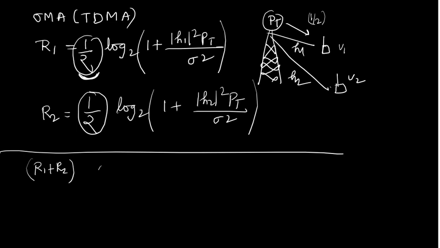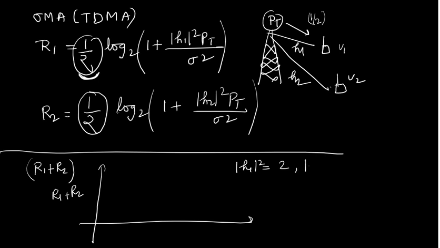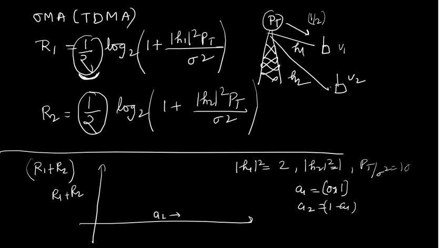But because of this factor half, you can check. For example, your metric is R1 plus R2, so you just plot R1 plus R2 by considering H1 square as 2, H2 square as 1, and PT by sigma square as 10. On the x-axis you can take A1, which will be from 0 to 1, and therefore A2 will be 1 minus A1, because I have already told you that A1 plus A2 is equal to 1.